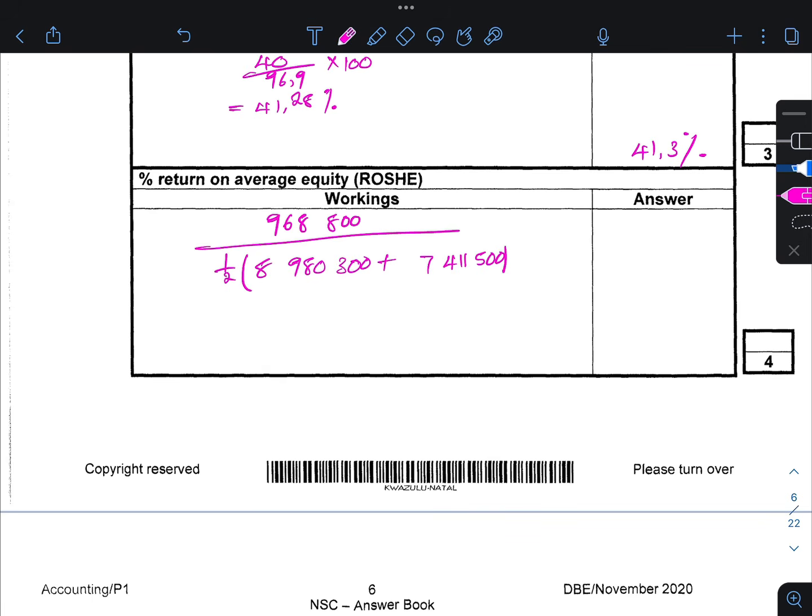All right. So now you just simply calculate. Don't forget to multiply by 100. Let's see what that gives us. So it's a half, that's 8,980,300 plus 7,411,500, then you multiply by 100, and I'm getting 11.82%. So one decimal place, 11.8%.